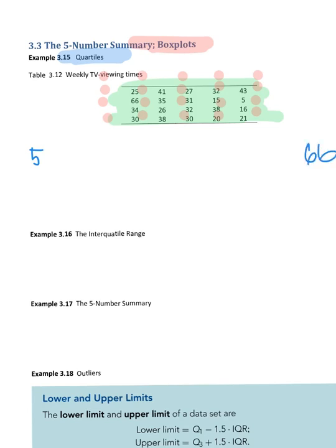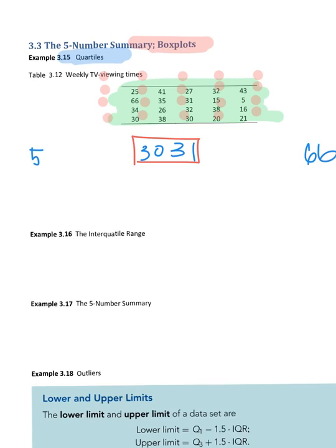Give me the 10th one and 11th. 30 and 31, thank you. Between 30 and 31, there is the median. So how much will be the median? We have to take the 10th and 11th, 30 and 31, because we had an even number, 20.